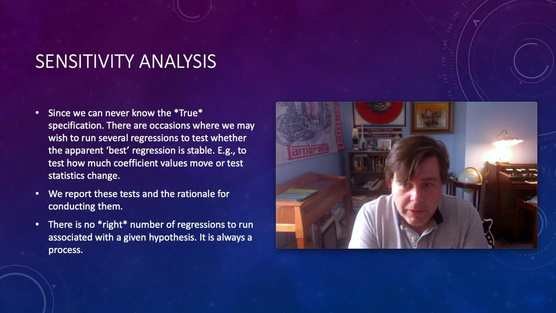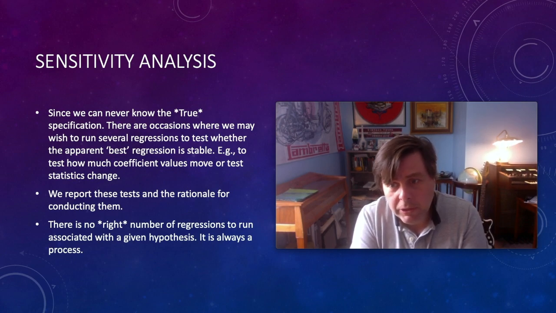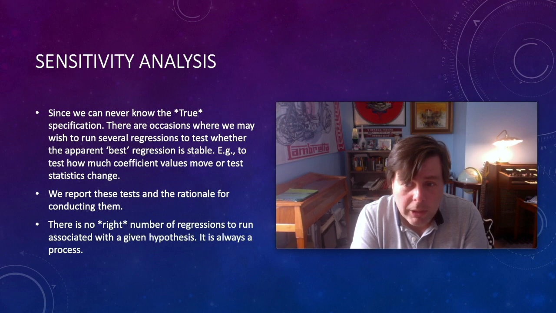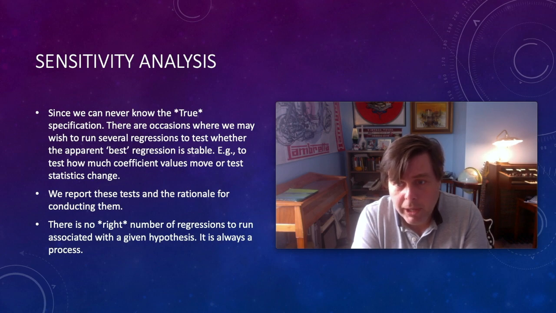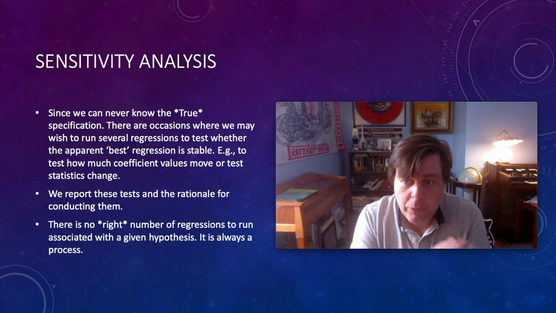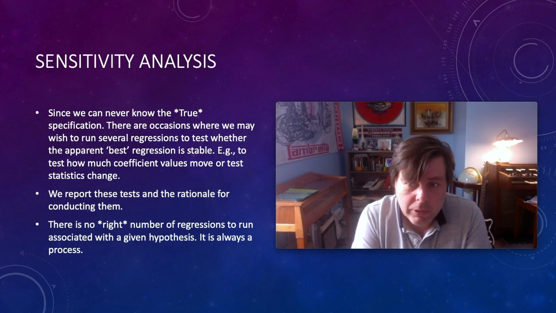It also should be said that while shopping for regression results is really not good econometrics, as we mentioned in a couple other videos, there is no right number of regressions to run in any given test. Sometimes you get it right off the bat, and other times you end up changing some things. In both the example here, the coffee one, as well as the wealth and income one I mentioned earlier, those are legitimate mistakes. It's not like we were setting out to get some specific result.